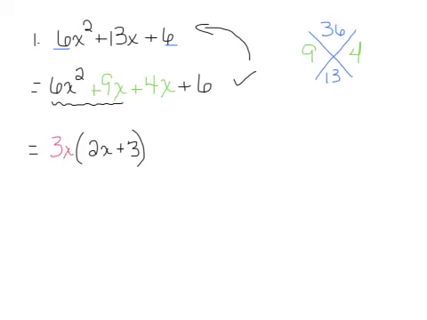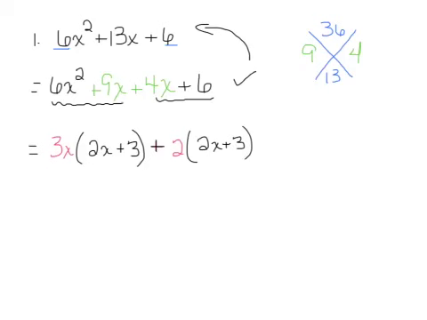Now I'm going to look at the second group. What does the positive 4x and the 6 have in common? They have a positive 2 in common that they can factor out. And we will have left 2x plus 3.